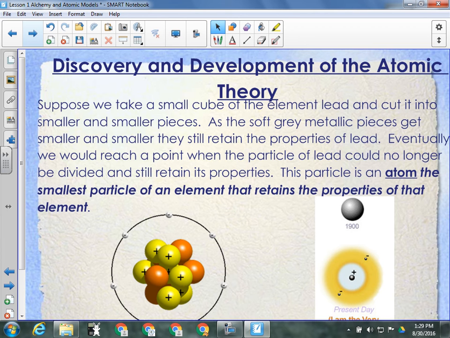So for example, if I took an atom of oxygen, which has 8 protons, 8 neutrons and 8 electrons, and I cut it in half, not that I could do that, but if I did, it would no longer be oxygen, because I'd now have 2 atoms that had 4 protons. Essentially, I'd have something else. Now, it doesn't work that way.